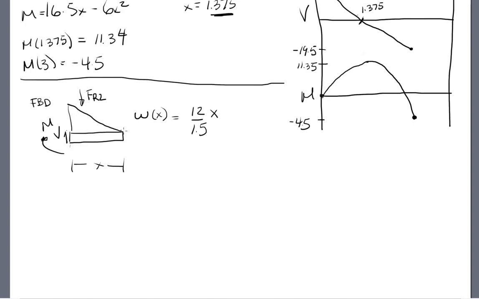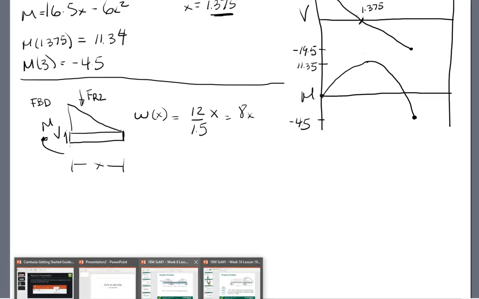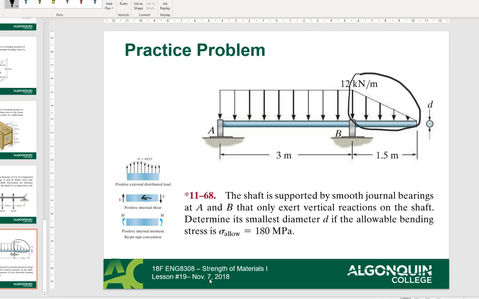If this is x equals 0, and I multiply it by 12 over 1.5, which by the way equals 8x, then I get 0, which is true here. At the other end, if I sub 1.5, I get the 12 kilonewton per meter distributed load, which is right here. So this tells us our W of x.